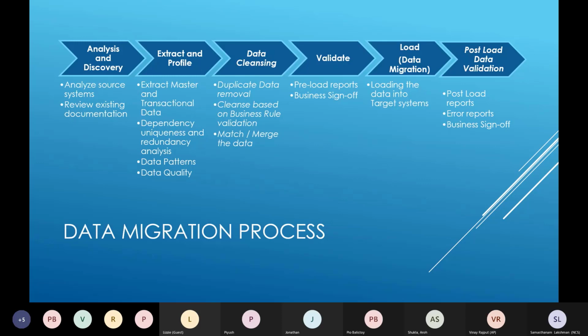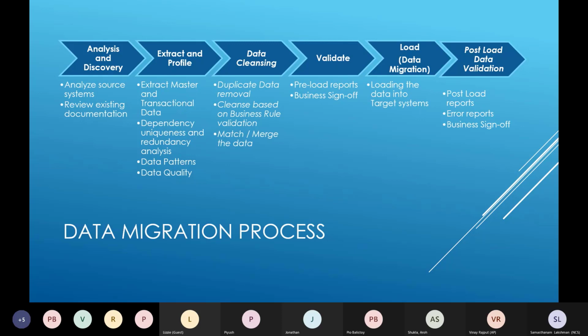So there are the post load reports. You should know how many records are coming from the source, how many were loaded, and how many records we removed during the cleansing and validation.